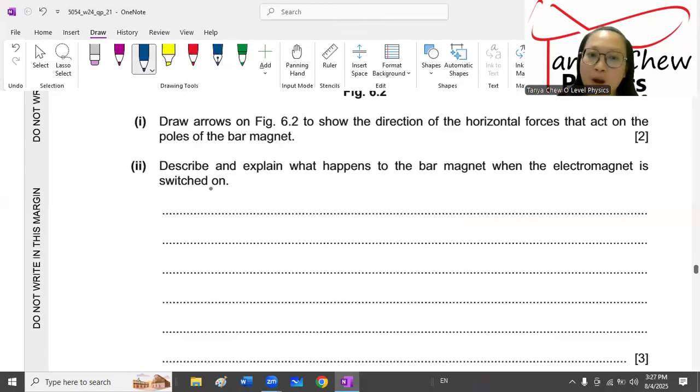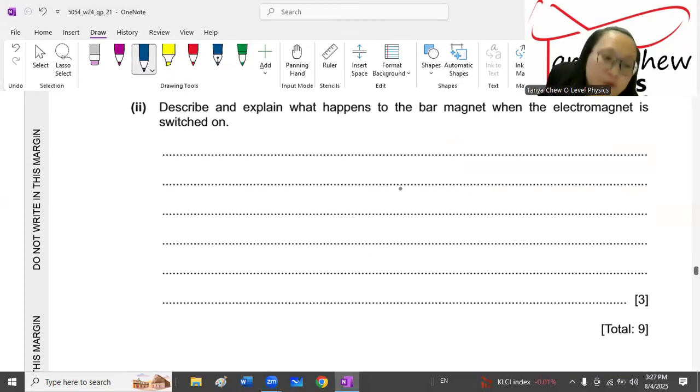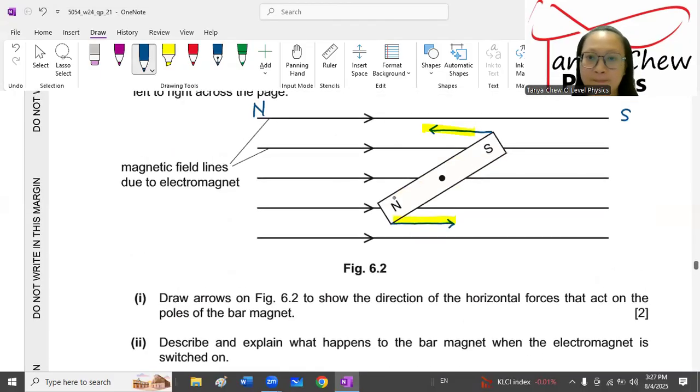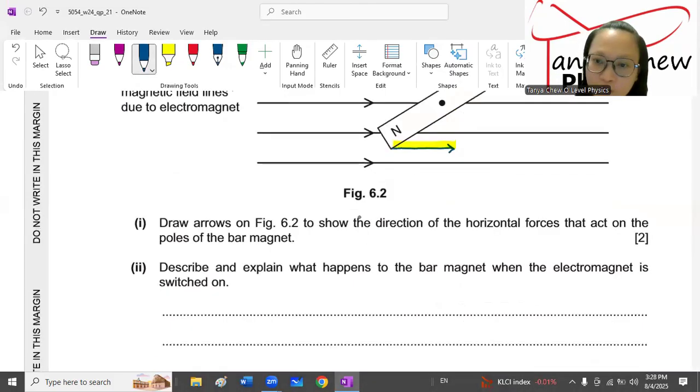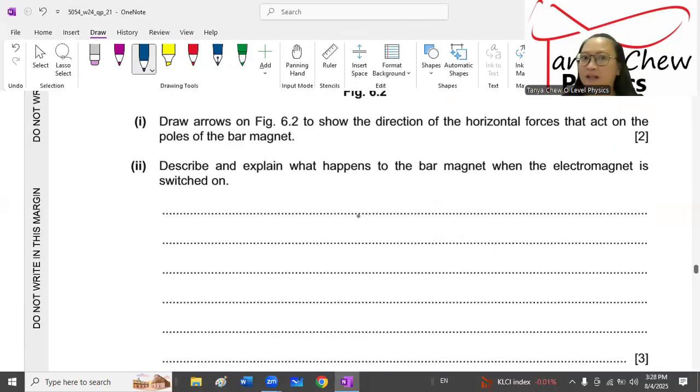And the second part, describe and explain what happens to the bar magnet when the electromagnet is switched on. Could you see that when the electromagnet is being switched on, the electromagnet has its own magnetic field, and the magnetic field of the electromagnet would interact with the magnetic field of your bar magnet.